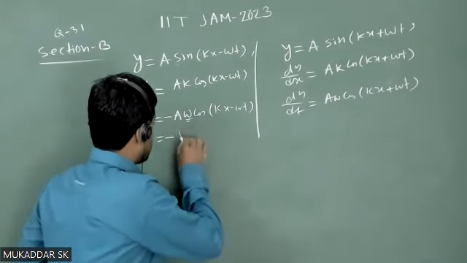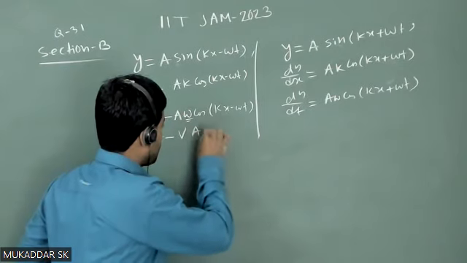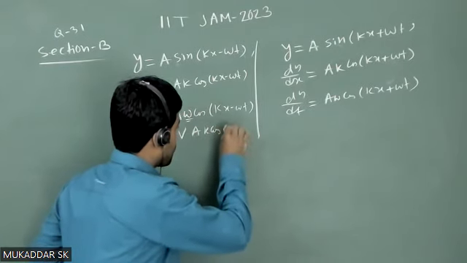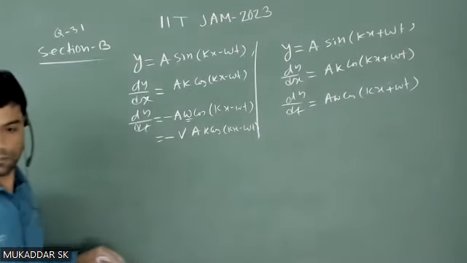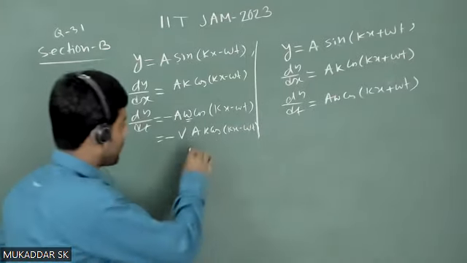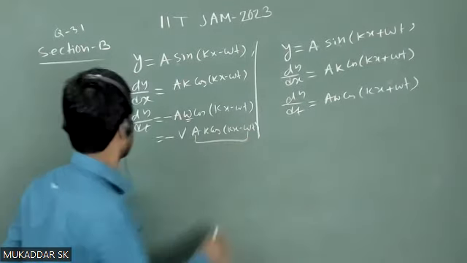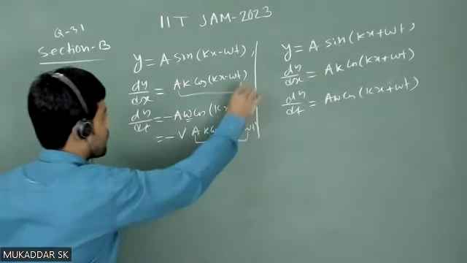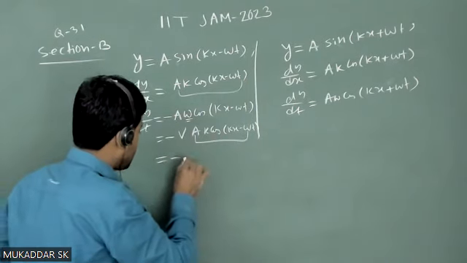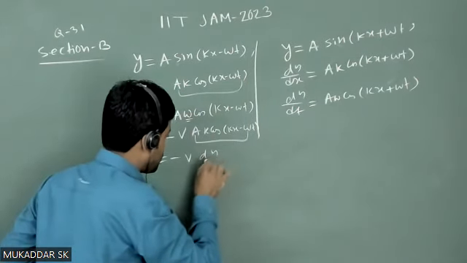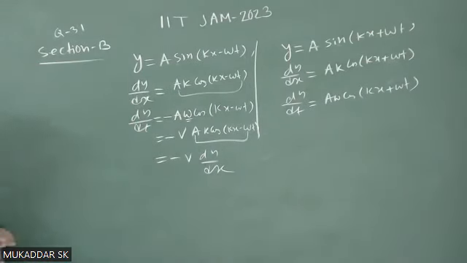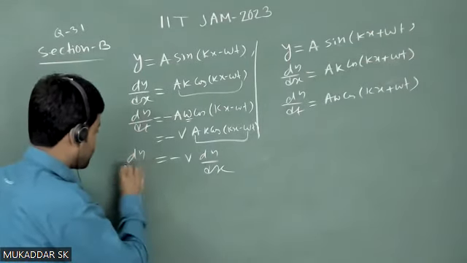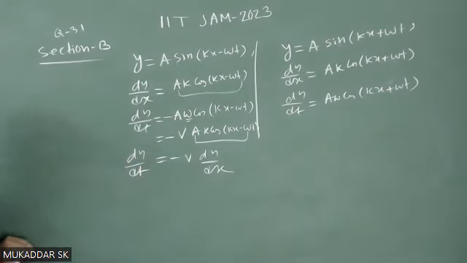So I can write in place of omega, v into k, giving v into a into k cosine of kx minus omega t. Now I can see this factor is nothing but dy by dx. So dy by dt is nothing but minus v dy by dx.